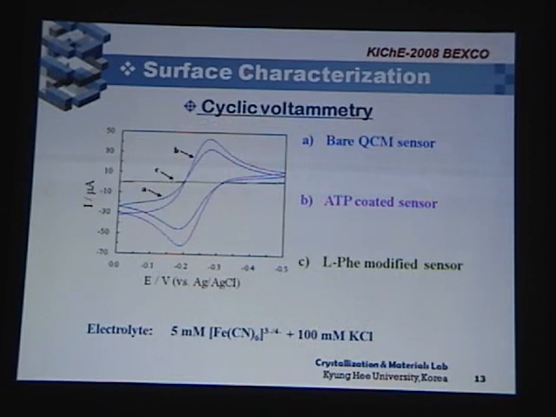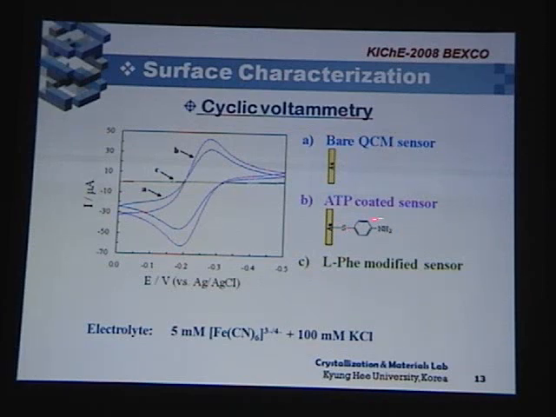And we also use CV to characterize the sensor surface. This is the CV results obtained in ferrocyanide solution. For the bare gold surface, a pair of good-shaped peaks appeared. This is the normal case. After ATP modification, the peak height increased, and the peak distance between these two peaks decreased a little.